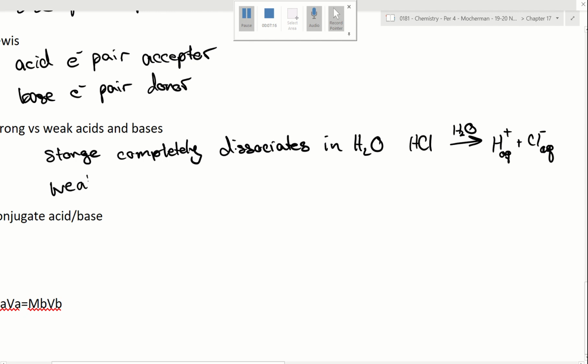Whereas a weak acid does not dissociate completely, only slightly, in water.